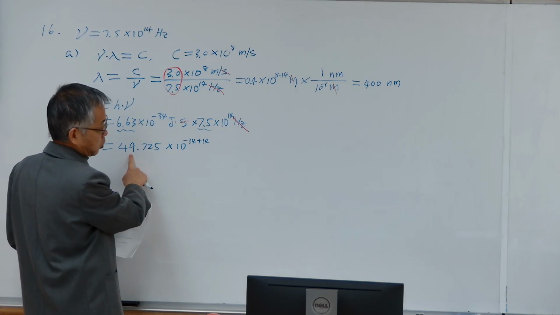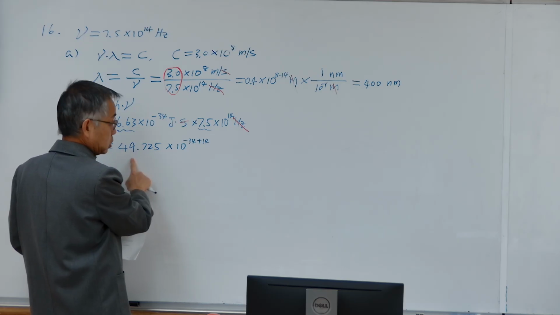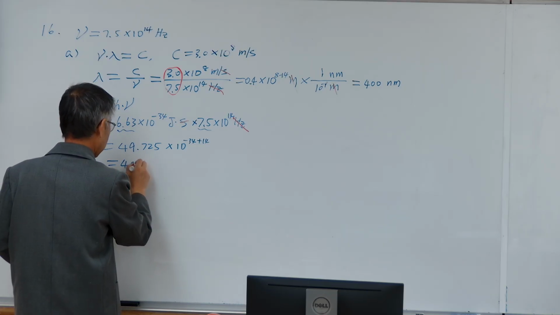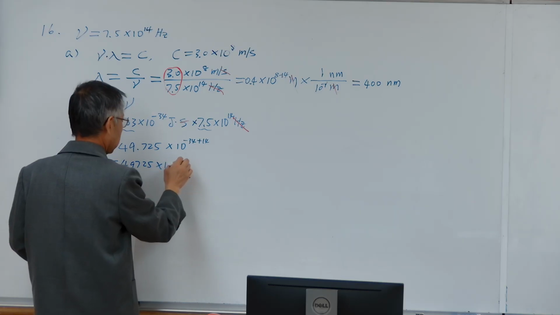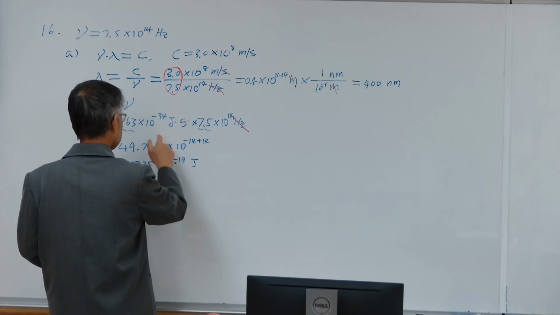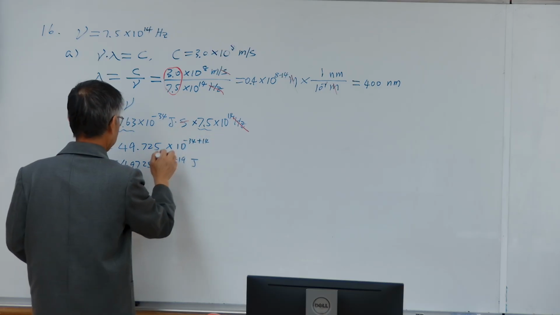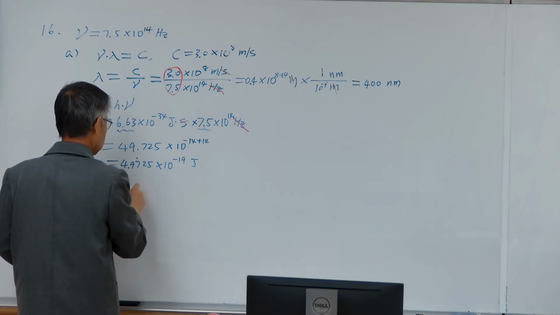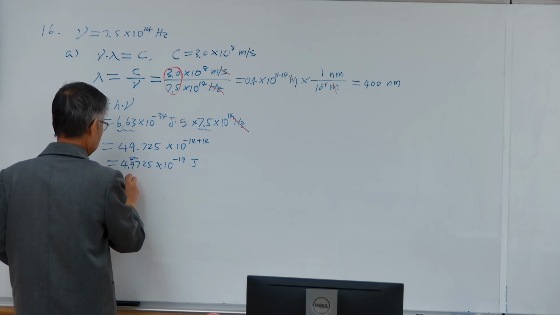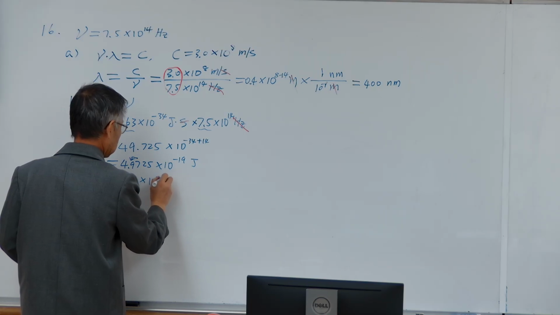But here 49 is greater than 10, and in scientific notation the regular number is less than 10, so we move one decimal place, becoming 4.9725. Then add 1 to the exponent, becomes negative 19. Since this is 2 significant figures and this is 3, your answer can only keep 2 significant figures. Where this digit is 7, greater than 6, so we round up 1, then it becomes 5.0 times 10 to the negative 19th power joule.